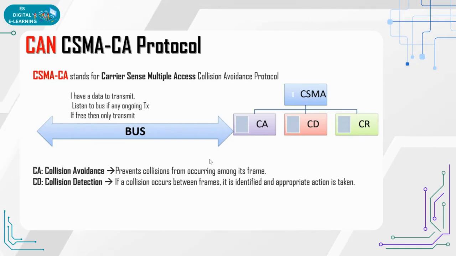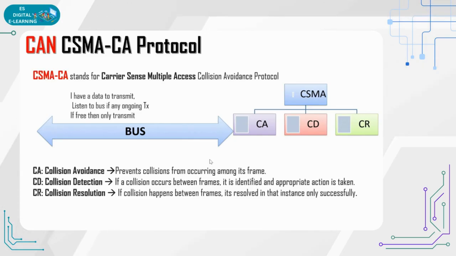Means proper action will be taken. Next, collision resolution: if a collision happens between the frames, it is resolved in that instant only, successfully. Whenever the collision happens, it will be resolved at the same time. That will be the CR, collision resolution.